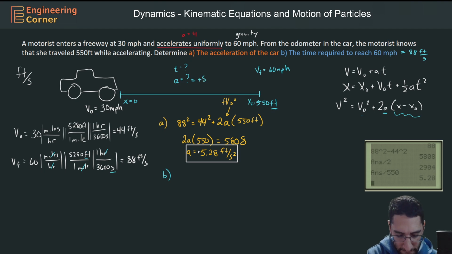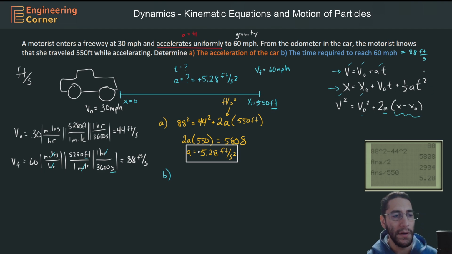It's 5.28 feet per second squared. So really, we could choose either of these equations, right? We know our initial velocity, we know our final velocity, we know our acceleration, we can solve for time, and we also know our initial and final positions.